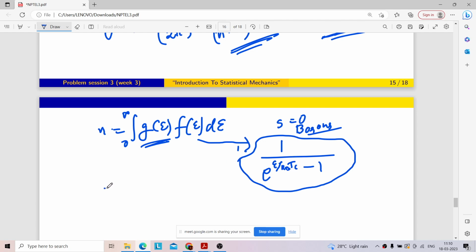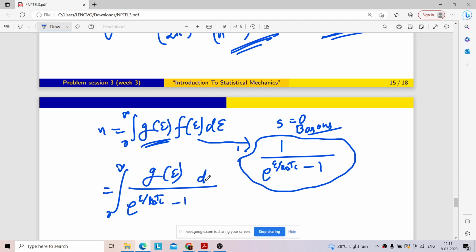Now let's rewrite this as integral from 0 to infinity of g of epsilon over e to the power epsilon by k_B Tc minus 1, integrated over d epsilon.